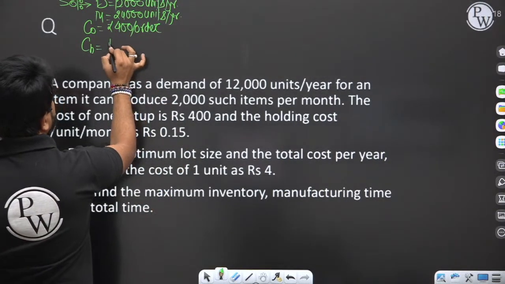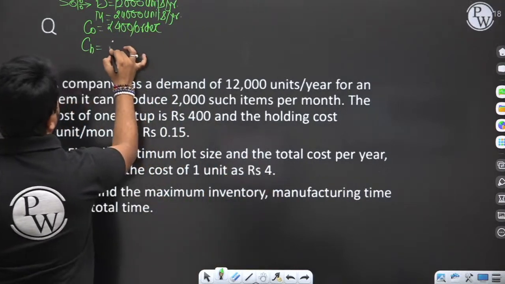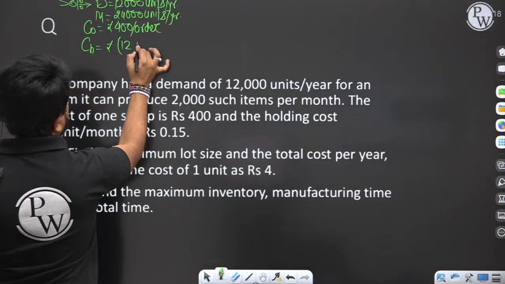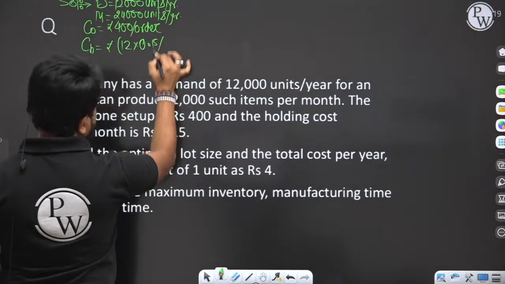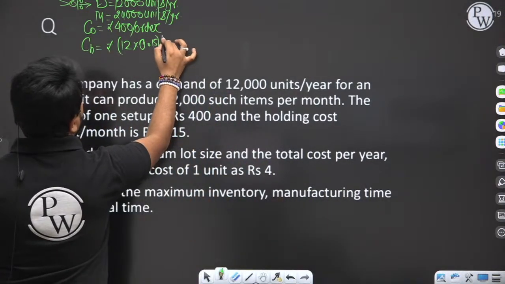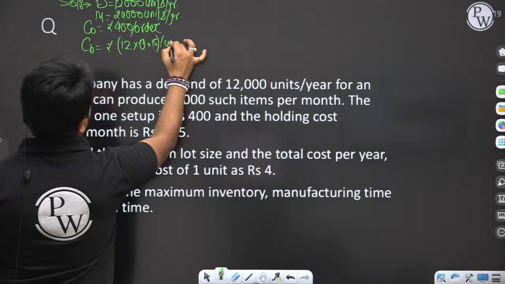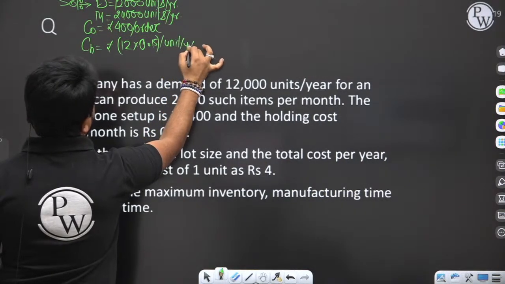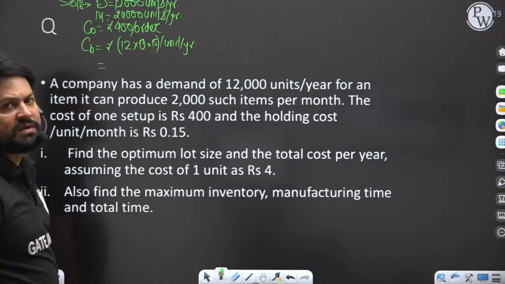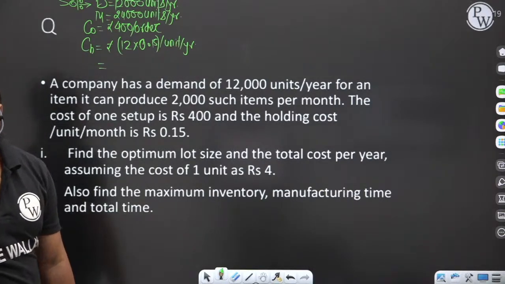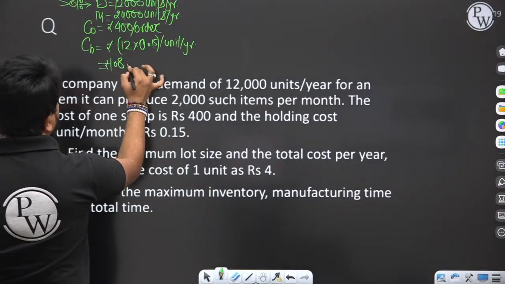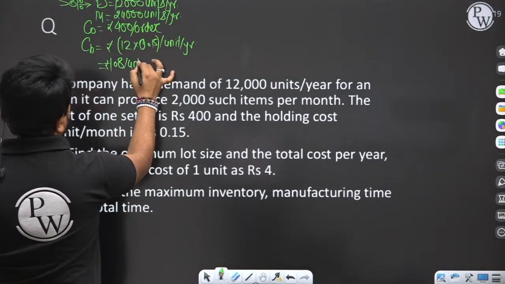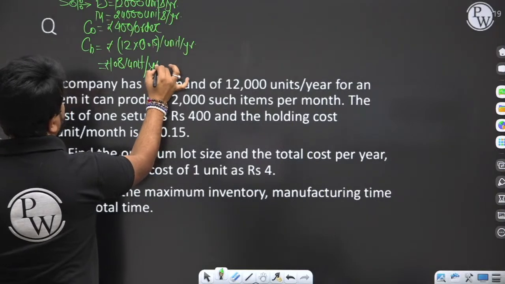So multiply: rupees 12 into 0.15 per unit per year. It will become 1.8. So rupees 1.8 per unit per year.